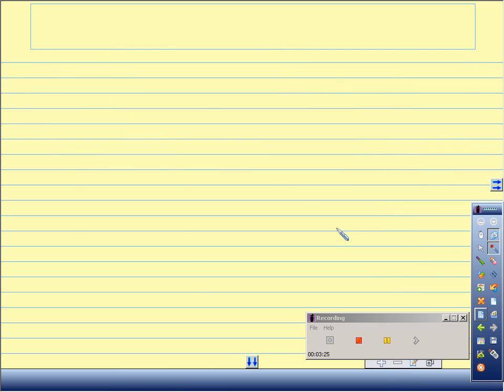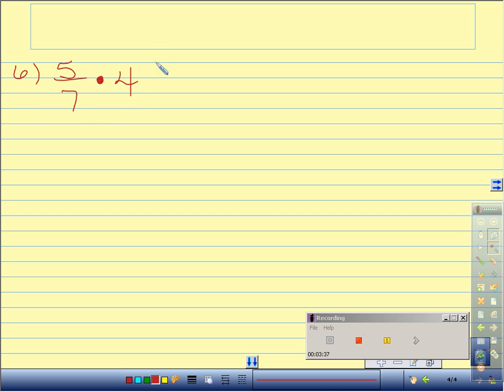Okay, here we go. Number 6. 5/7 times 4 1/5. Let's turn this mixed number into an improper fraction. Go ahead and bring your 5/7 down. 5 times 4 is 20, plus 1 is 21 over 5.